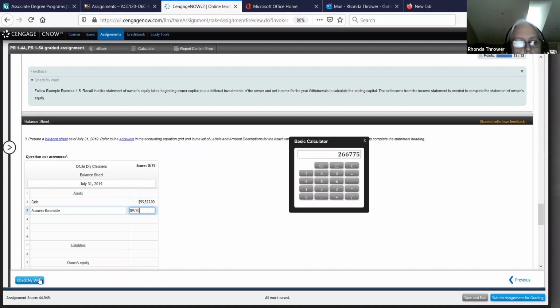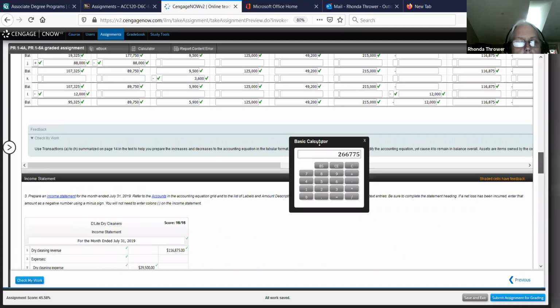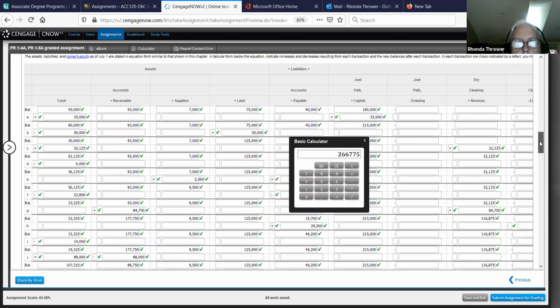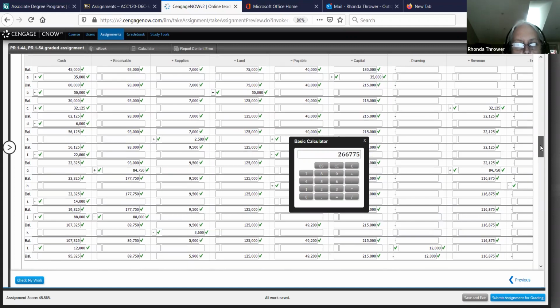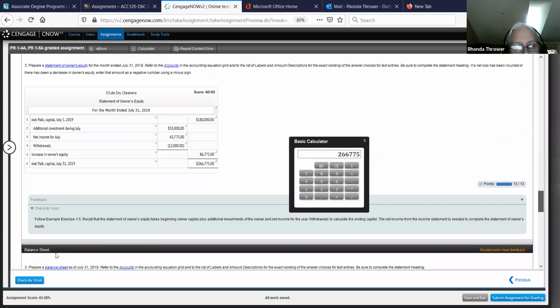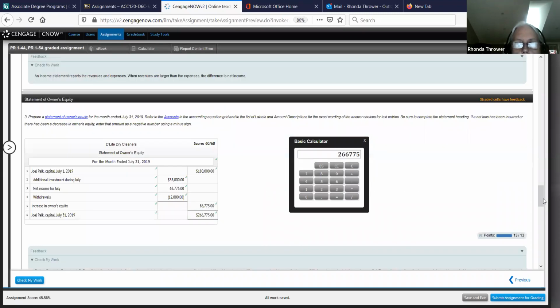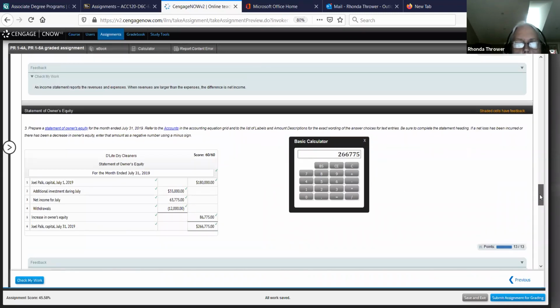And you can check your work as you go just to make sure you're writing in everything right. And then our next asset account is supplies. Go to the bottom and pick up the last balance for supplies, which was $5,900. Then we have one more asset.